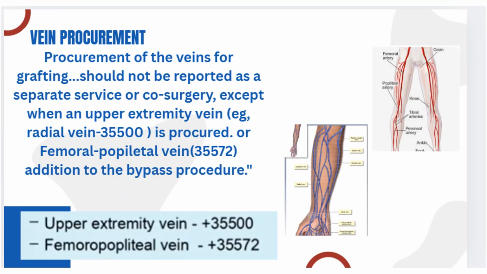The summary is, the procurement of the vein for the grafting should not be reported as a separate service or a co-surgery, except when the upper extremity vein, that is the radial vein, 35500, is procured, or the femoropopliteal vein, more famously called the fempop vein, and for that the code is 35572. We will code it in addition to the bypass procedure. So use 35500 in conjunction with the vein graft code.